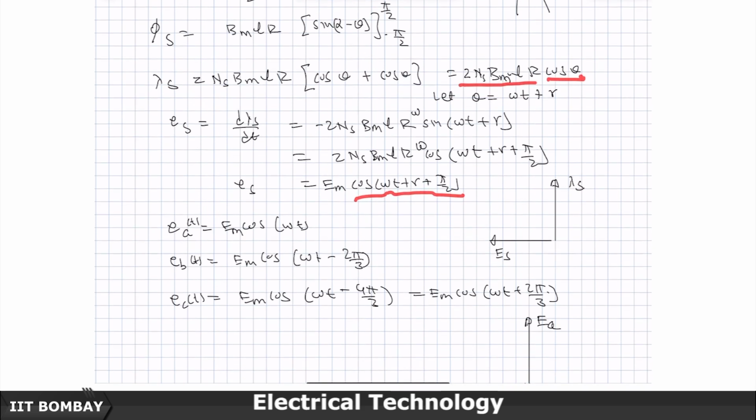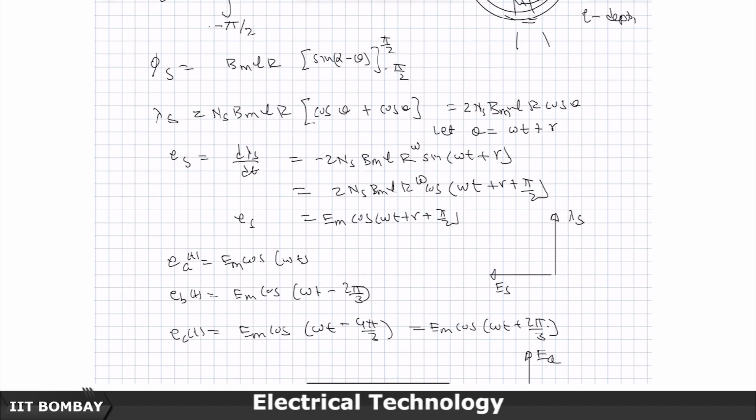So, from a phasor perspective, if this is taken as the flux phasor, anything which is sinusoidally distributed in space, cos of omega s t plus gamma, and also at our synchronous frequency can be represented by a phasor.